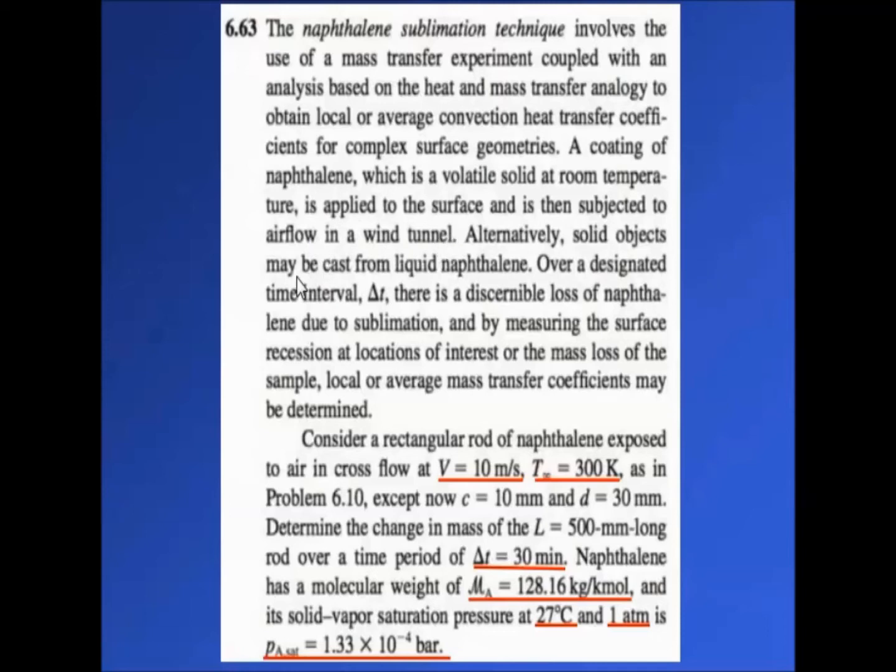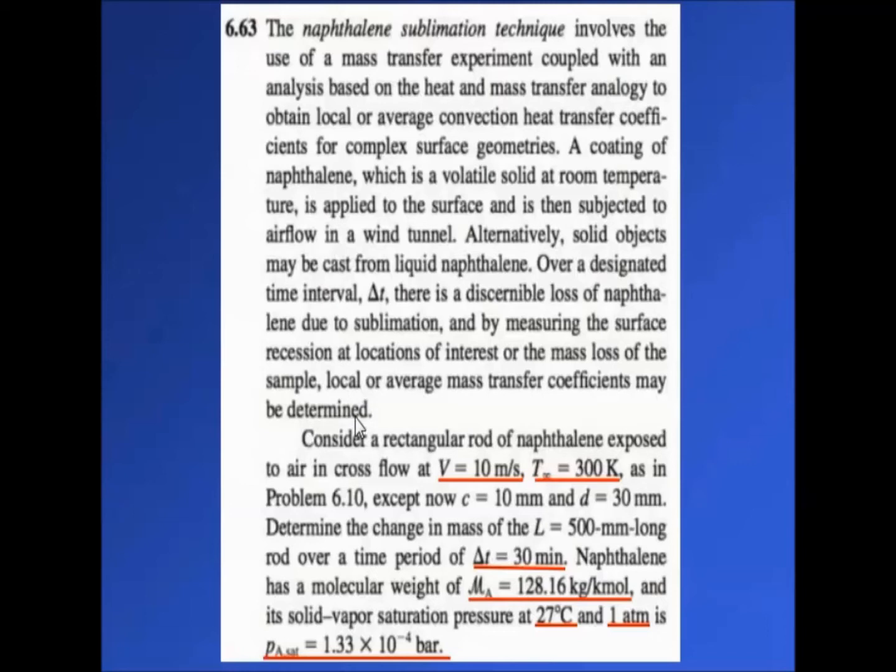Alternatively, solid objects may be cast from liquid naphthalene. After a designated time interval, some delta T, there is a discernible loss of naphthalene due to sublimation. And by measuring the surface recession at locations of interest, or the mass lost of the sample, local or average mass transfer coefficients may then be determined.